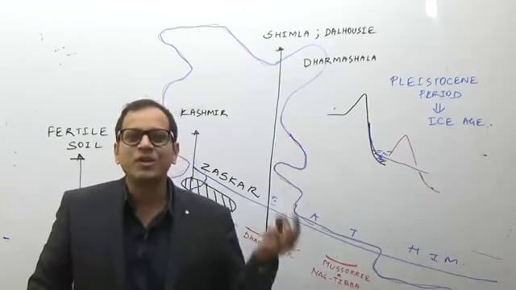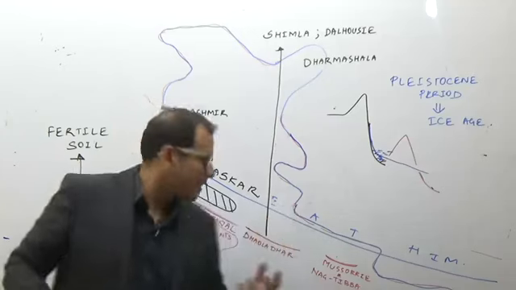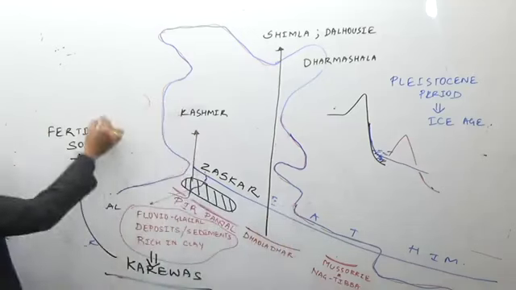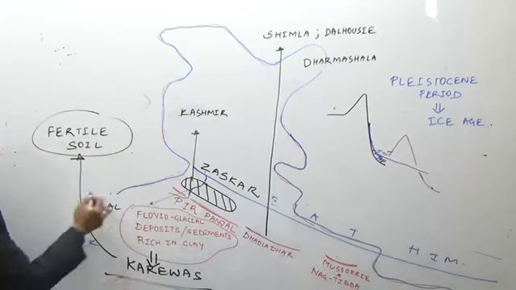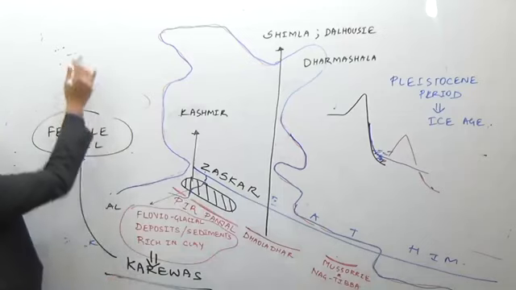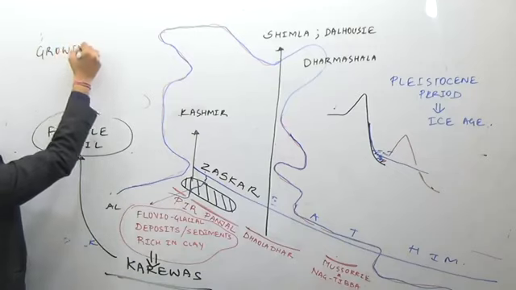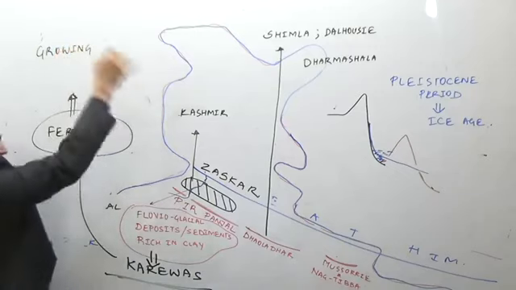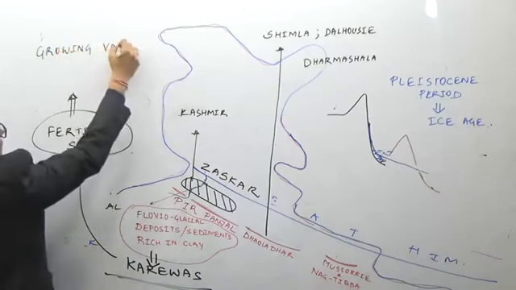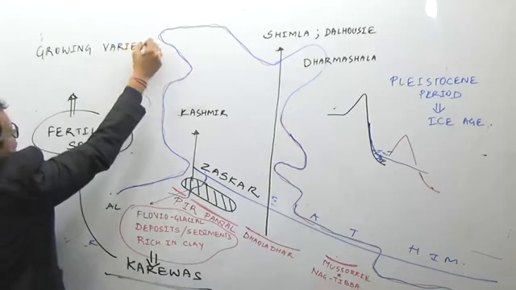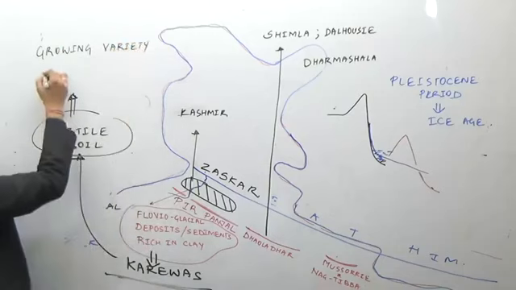You get the best quality saffron from Kashmir, and therefore this fertile soil is good. The karewa has a fertile soil which is considered best for growing the local variety of saffron. On this fertile soil, what is grown? A local variety of saffron or kesar. Saffron means kesar.